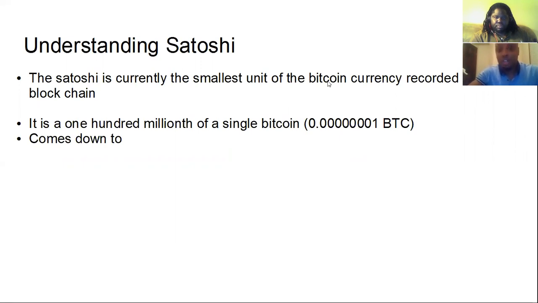So it goes all the way down to this decimal place. So you wouldn't say 0.000 blank BTC. You would just start from the end decimal place and say 1,300 Satoshis, which is a simpler form of explaining how much currency that you have in the digital currency space.